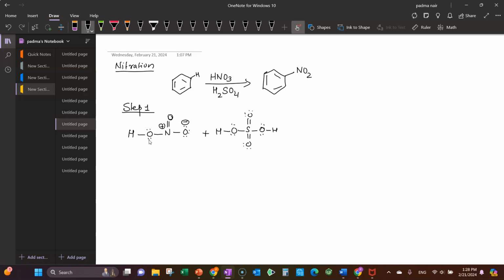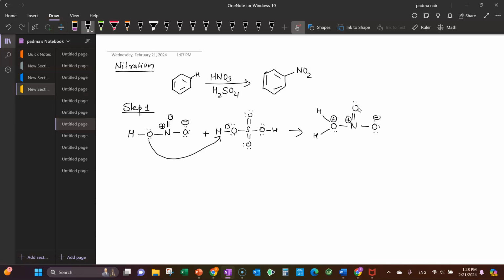Okay, so this oxygen is going to take this proton, acid-base reaction, put these electrons over here, and we get an oxygen which has now 2 hydrogen atoms still attached to the nitrogen, double bond to this oxygen, single bond to this oxygen. Okay, so nitrogen still has a positive charge. But now look what has happened. Since this oxygen from nitric acid took a proton from sulfuric acid, this oxygen is going to also get a positive charge, right?